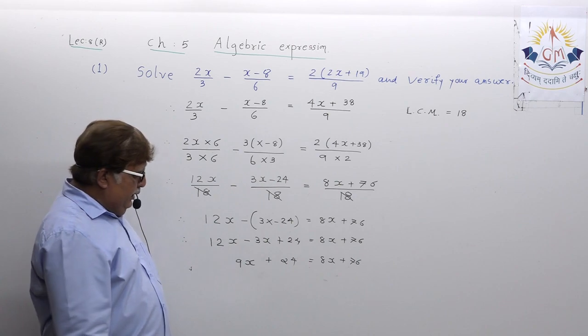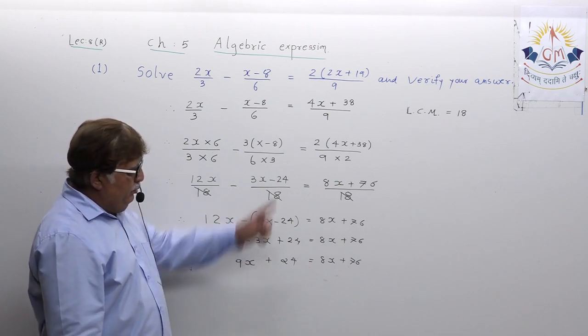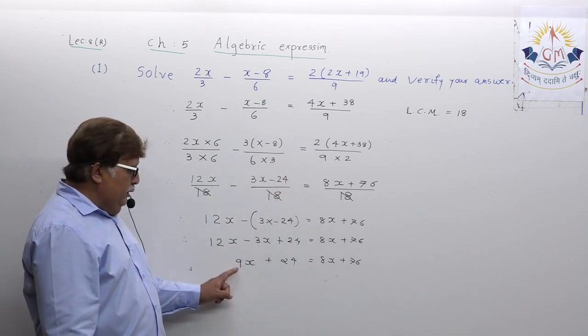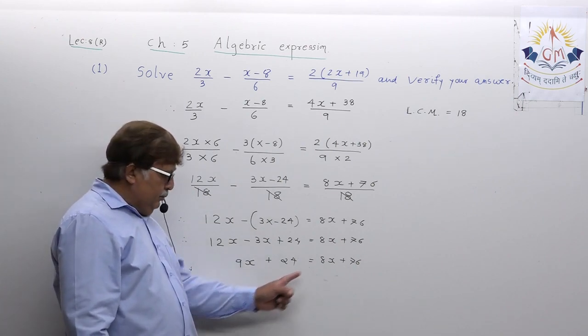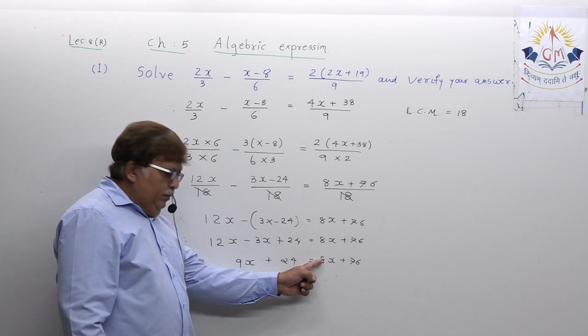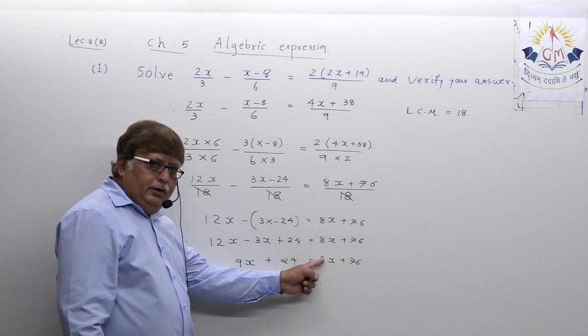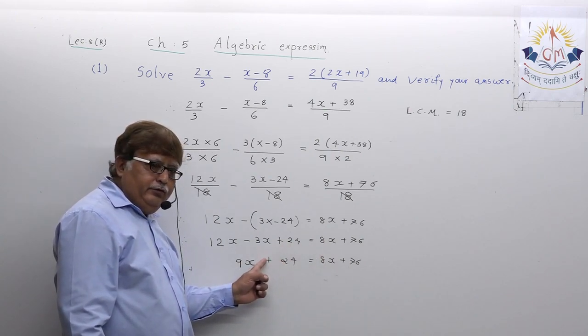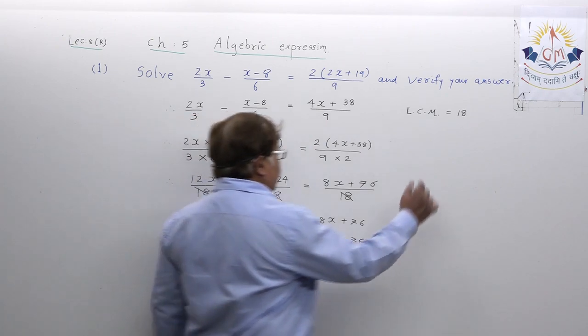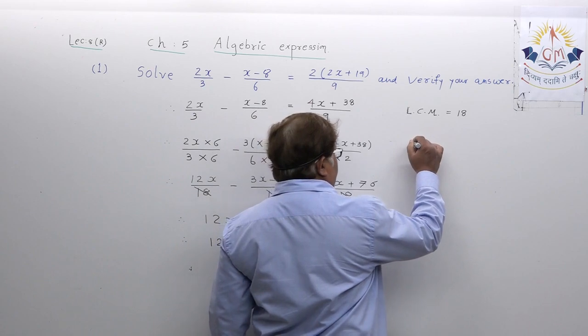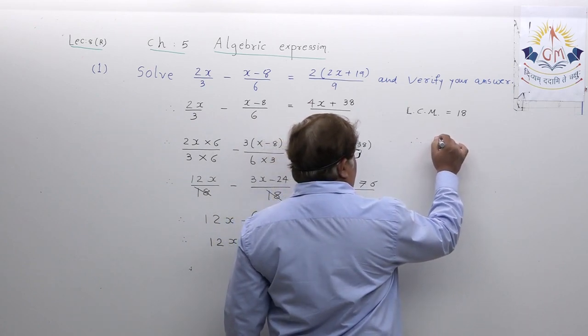Next step, I have to carry on this half of the board. But is it clear in your mind? Transfer 8x on this side, 24 on the other side. Therefore, I am continuing here.